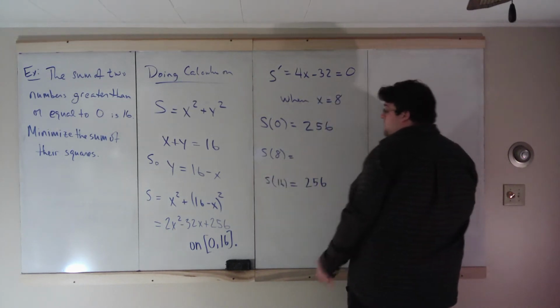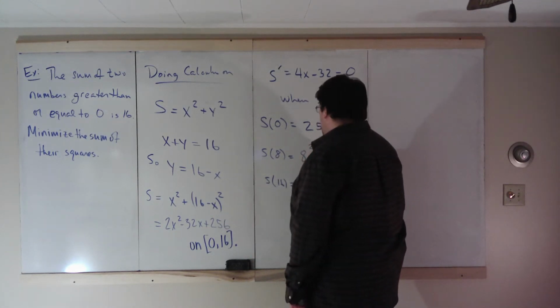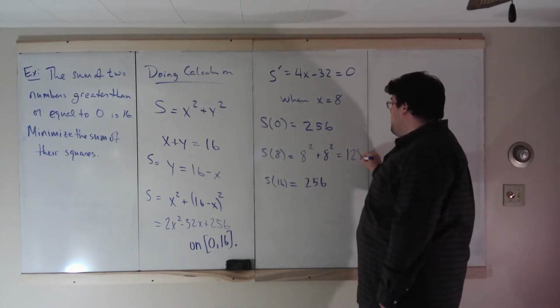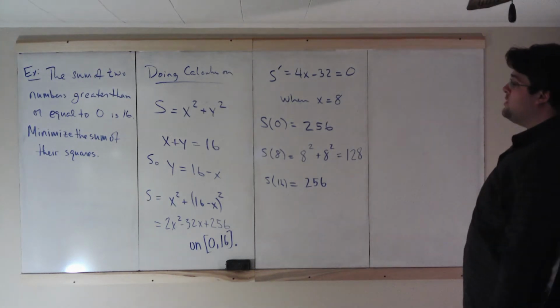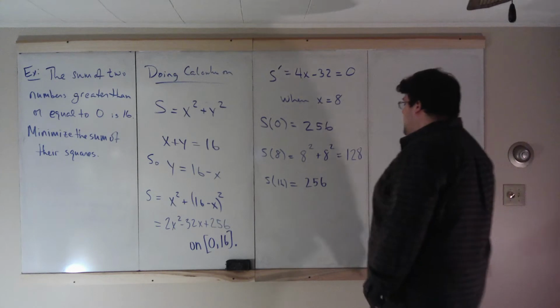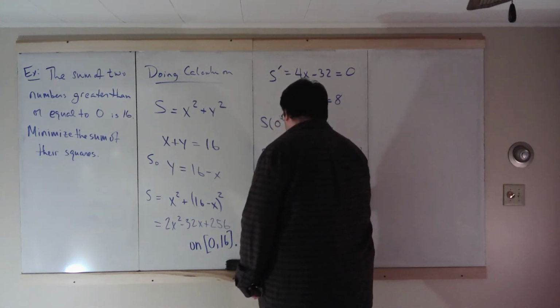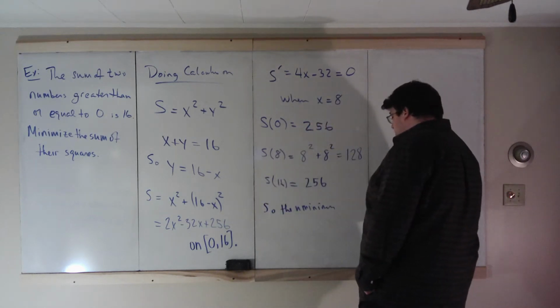For 8, I'd say this equation is easier. So 8 squared plus 8 squared, 64 and 64 makes 128. So this one just says minimize the sum of their squares, while the minimum is 128 by the extreme value theorem. So the minimum, that is not how you spell minimum.